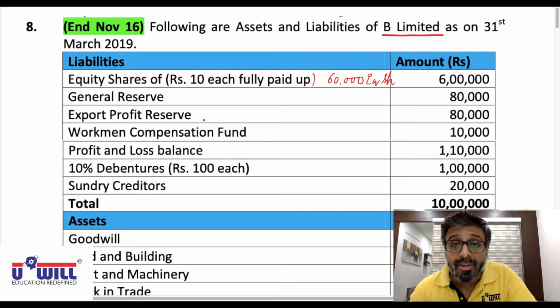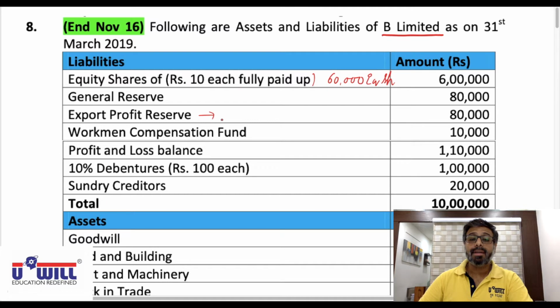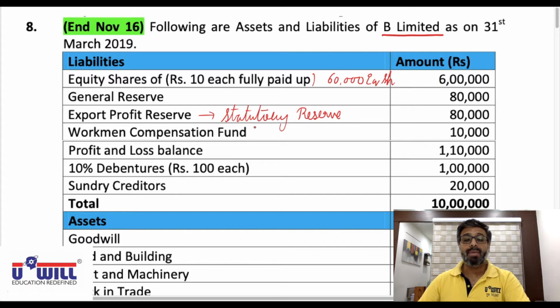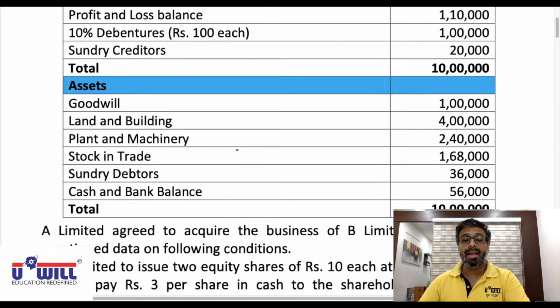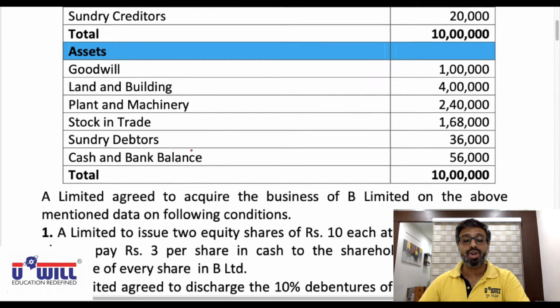What is export profit reserve? Remember that? Yes, correct. Statutory reserve. Export profit reserve comes in the category of statutory reserve. Workmen's compensation fund, profit and loss balance, 10% debentures, creditors, goodwill, land and building, plant and machinery, stock, debtors, cash in bank.